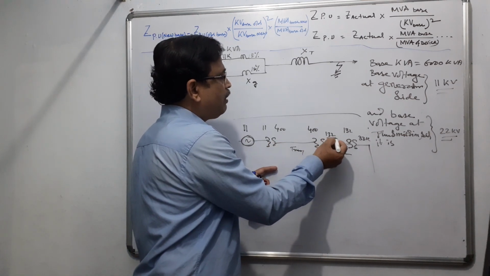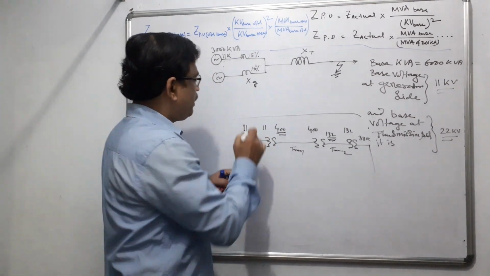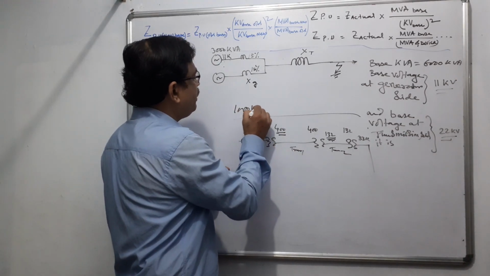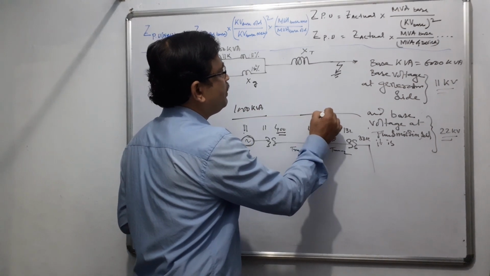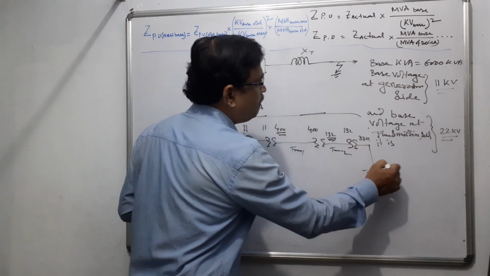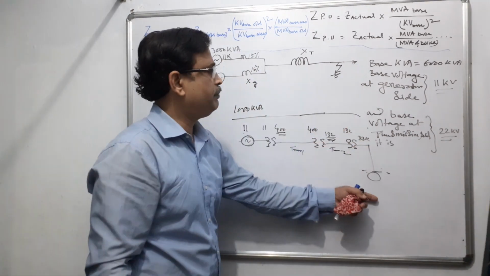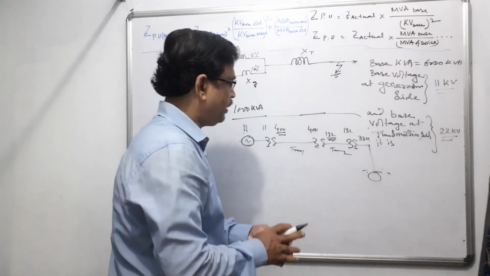If the base kVA is 10,000 kVA, then even for the load the base kVA will be 10,000 kVA. That means the base kVA of the entire system remains the same.